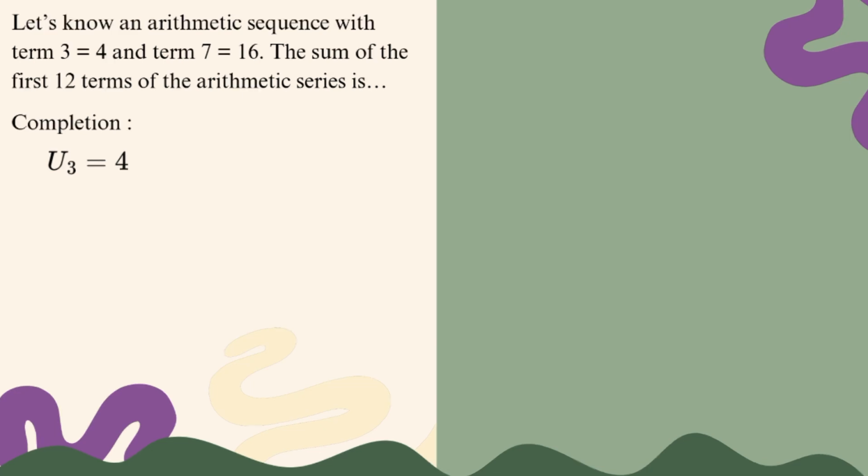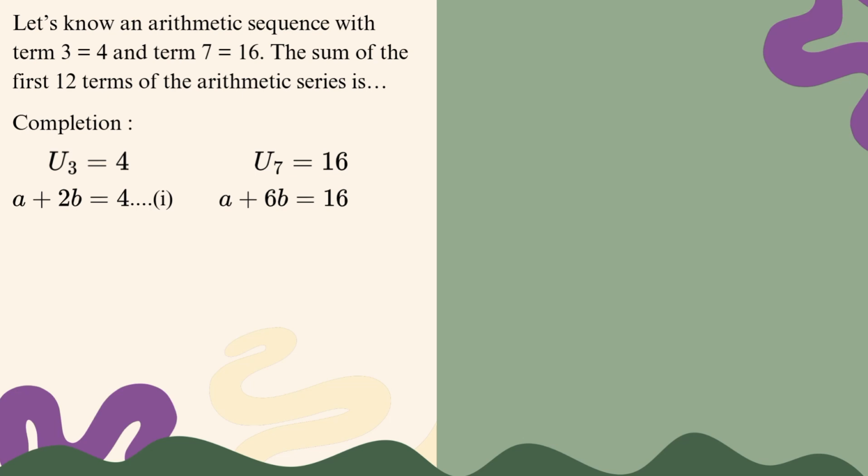General form of sub 3 is A plus 2B equals 4. This becomes equation 1. Sub 7 is 16. General form of sub 7 is A plus 6B equals 16. This becomes equation 2. Next, elimination of the two equations.